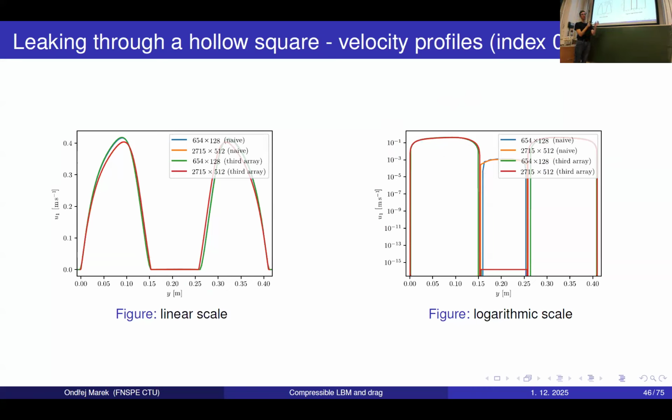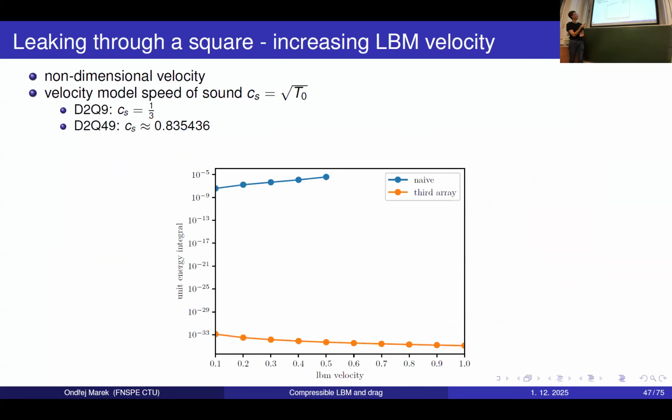So about 1% of the fluid is leaking to the inside, and then also 1% of this leaking to the outside is 10 to the power of minus 4 leaking there.